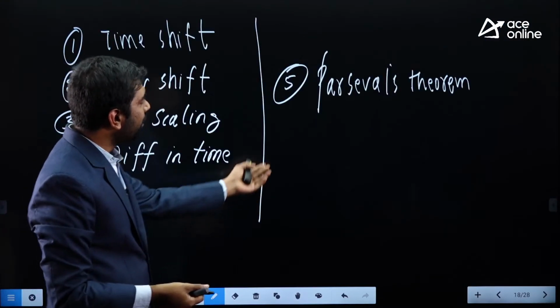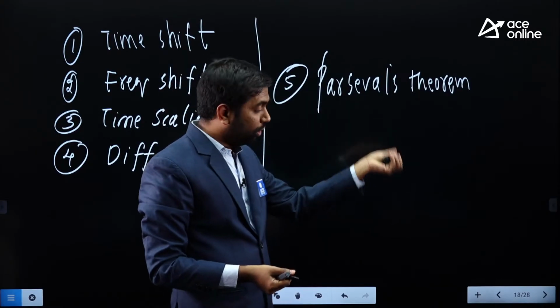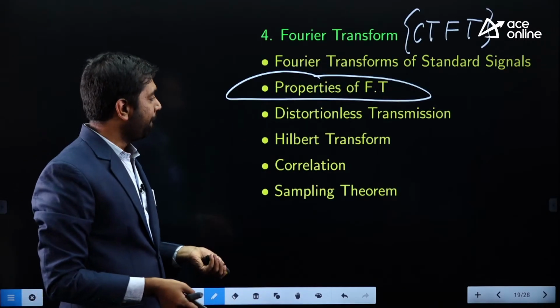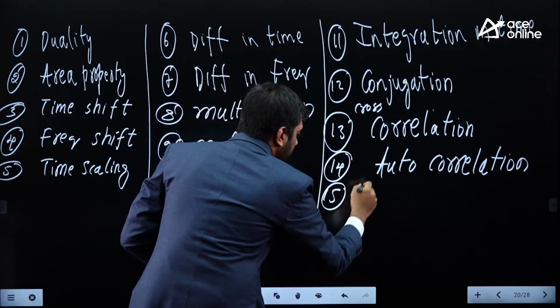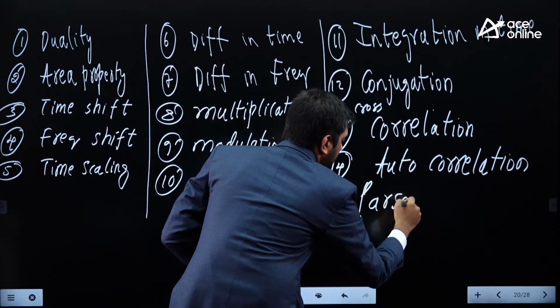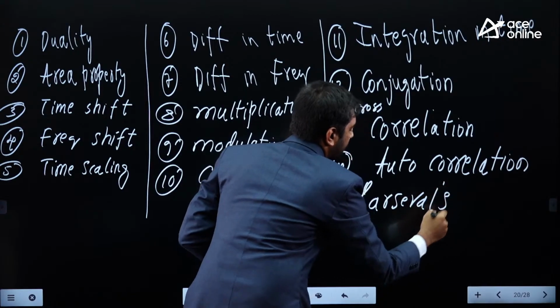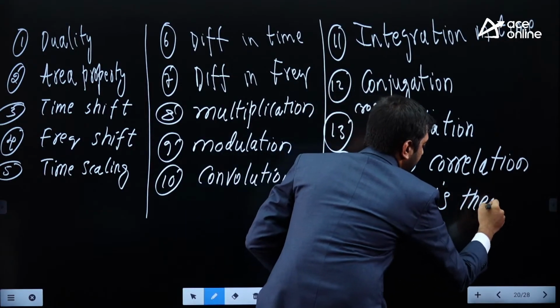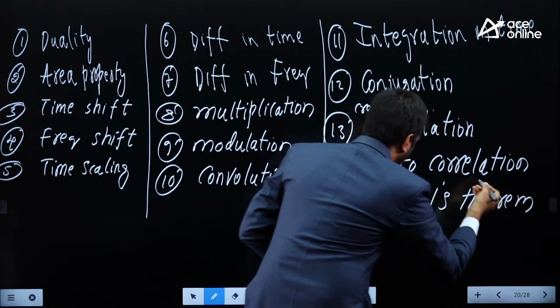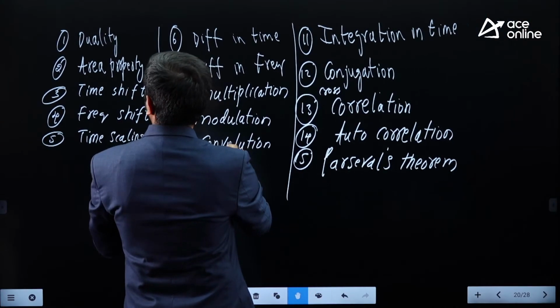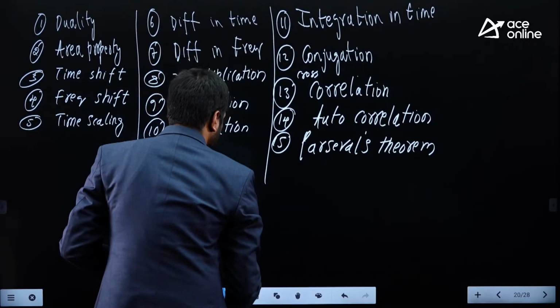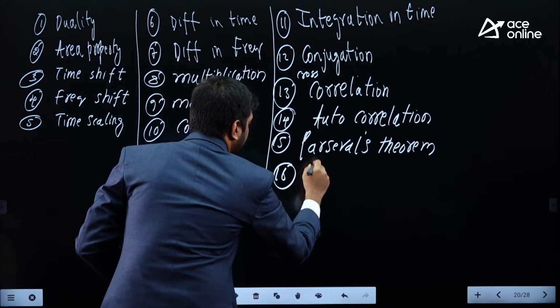So what was that? Parseval's theorem. So you also have Parseval's theorem here. So let's include that. And an extension of this, which we call Plancherel's theorem. So let's write that.